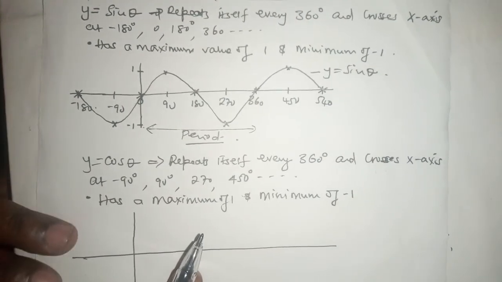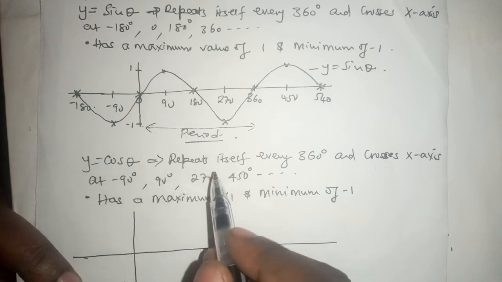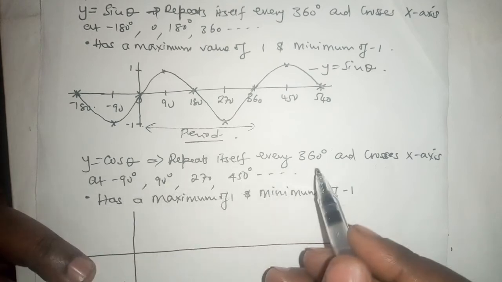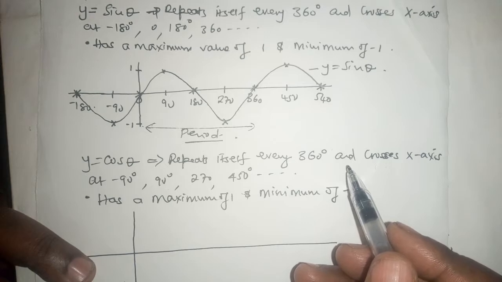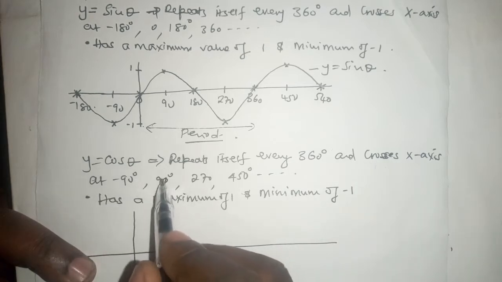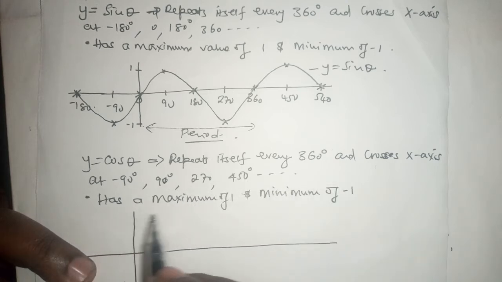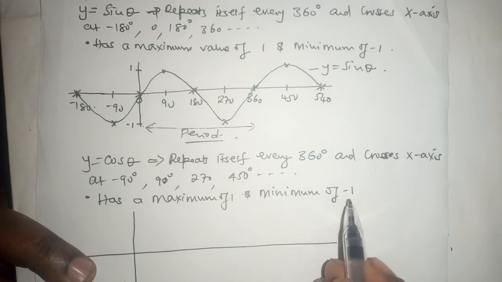And we would wish now to talk about the graph of y equals cosine theta. Again, it repeats itself every 360 degrees and it crosses the x-axis at negative 90, 90 degrees, 270 and 450, moving forward. It has a maximum of 1 and a minimum of negative 1.